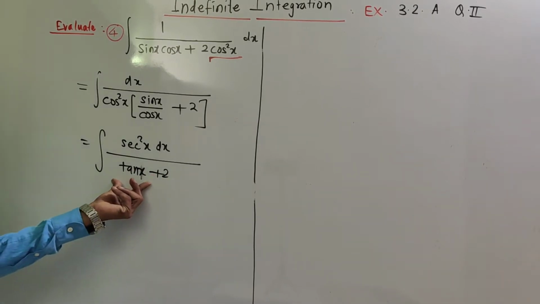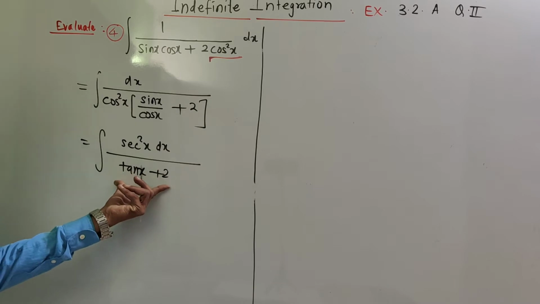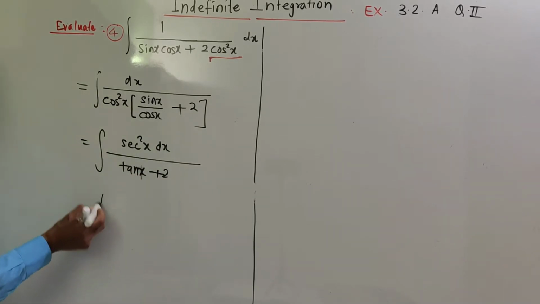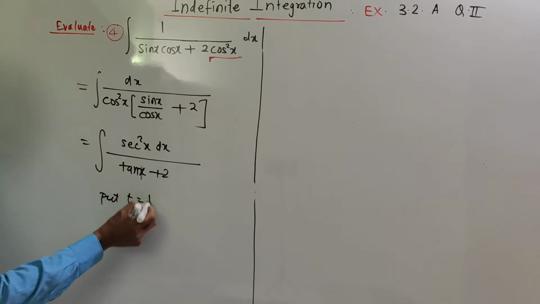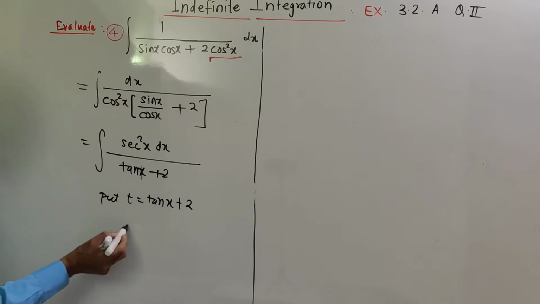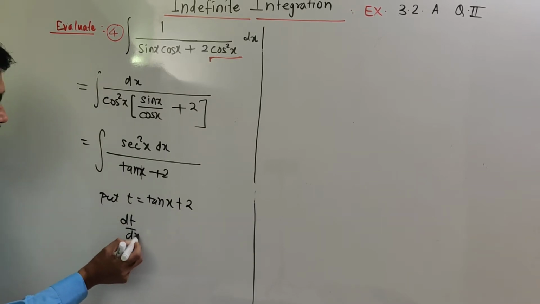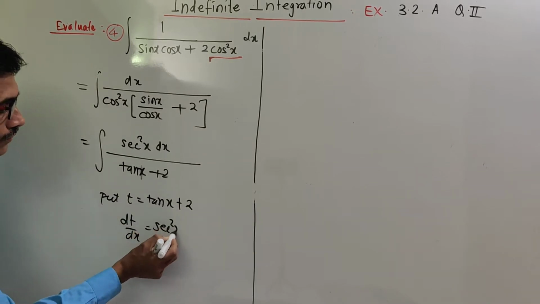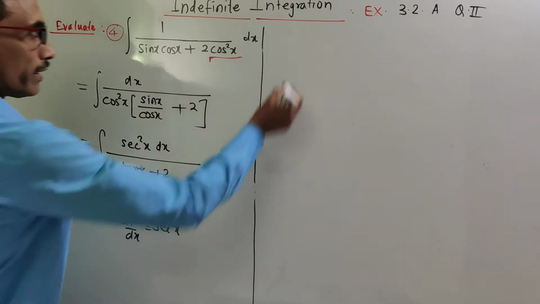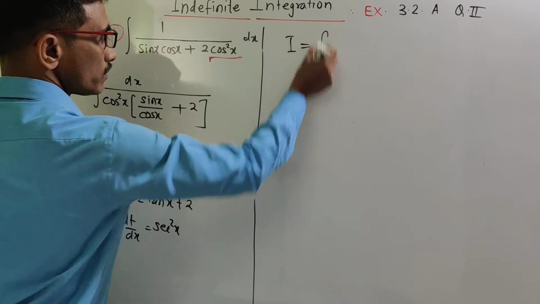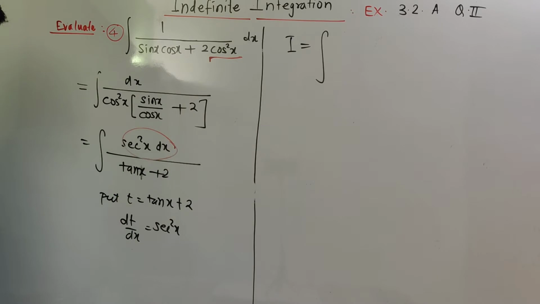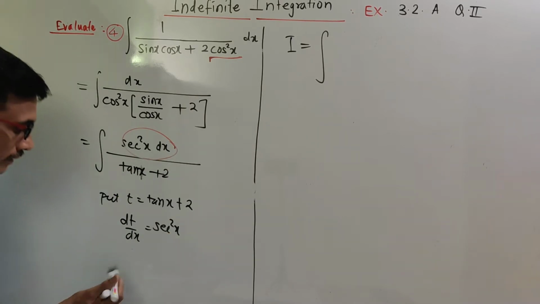Now derivative of tan x is sec square x, so either we substitute t is equal to tan x plus 2 or only tan x. So put t is equal to tan x plus 2, so that dt by dx is equal to sec square x, and the derivative of constant 2 will be 0. So our integral I will be equal to, see, sec square x into dx is equal to dt.